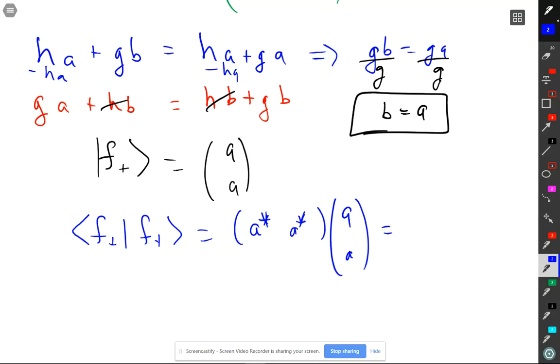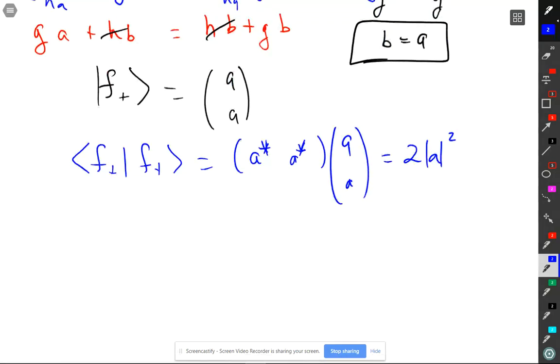So that's why I put A stars. Now we're going to restrict ourselves to the real case here, but so we have A mod squared plus A mod squared, or 2A mod squared. But that has to equal 1.